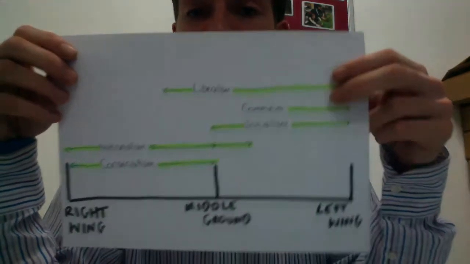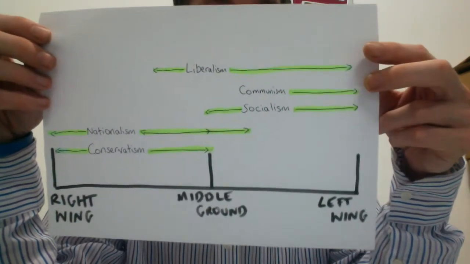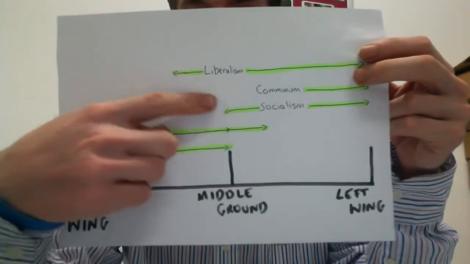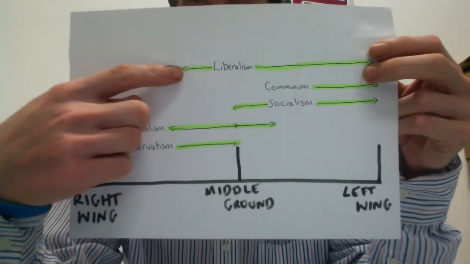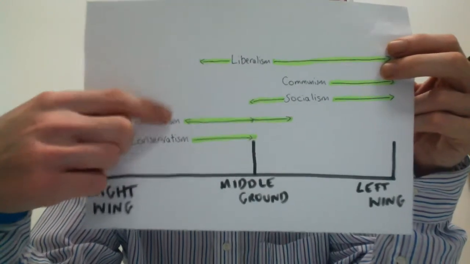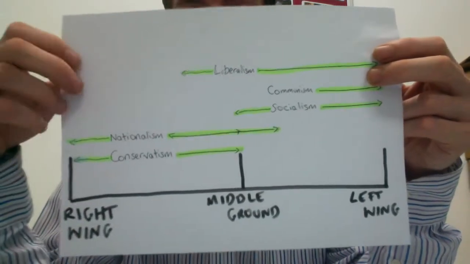And then you see liberalism right at the top, and liberalism is looking at it from the extreme left-wing liberal point of view, and then coming across past the middle ground, so it can certainly to some extent be slightly right-wing depending on how it is used in politics.